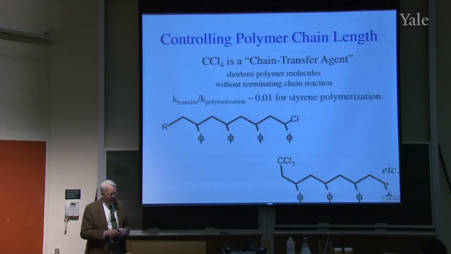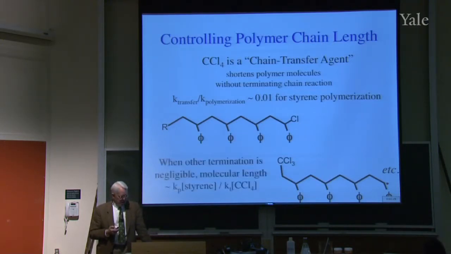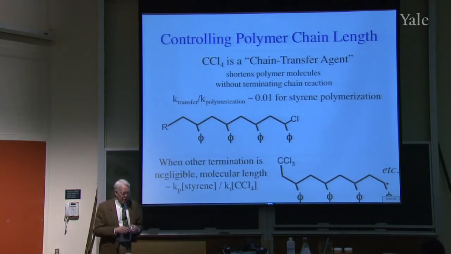So if you measure the rate of the transfer, the reaction with the carbon tetrachloride, versus the rate constant for polymerization, in the particular case of styrene and carbon tetrachloride, that ratio is 0.01, right? So if you don't have to worry about radicals finding radicals, they're rather dilute, then the molecular length will be how likely it is to react with styrene compared to how likely it is to react with carbon tetrachloride and terminate the chain.